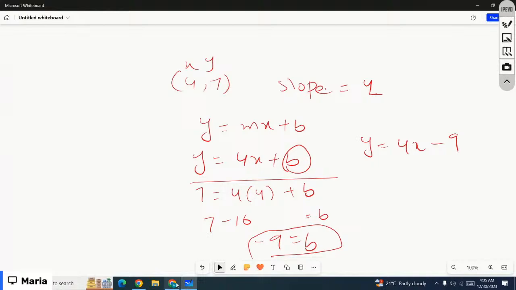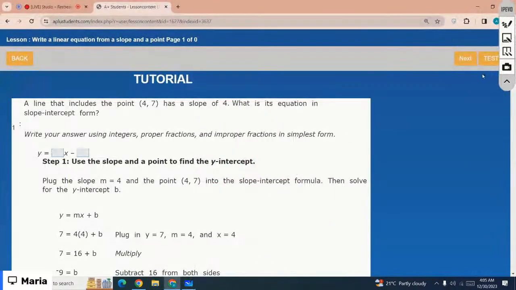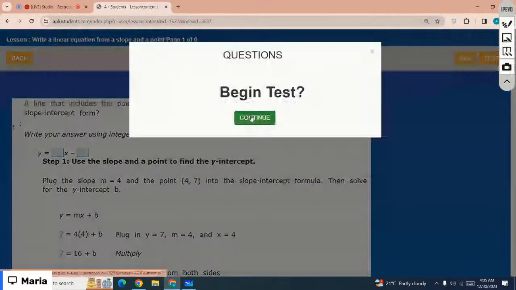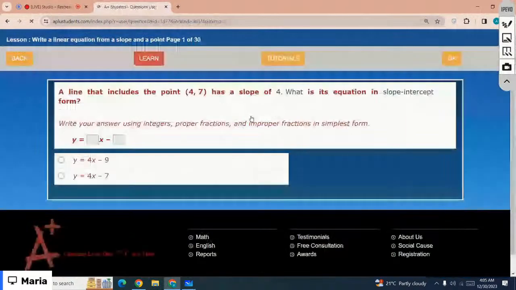Let's start with the test questions. A line that includes the point 4, 7 has a slope of 4. What is its equation in slope intercept form? That is the same example I just did.